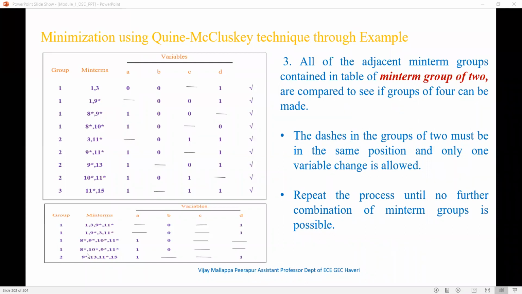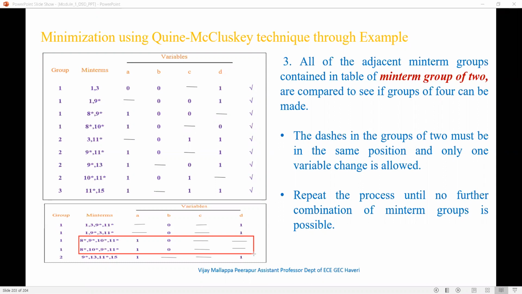Now, one important thing we should consider is the don't care terms. If you see this one, all the min terms we have: 8 is a don't care term, 9 is a don't care term, 10 is a don't care term, and 11 is also a don't care term, right?